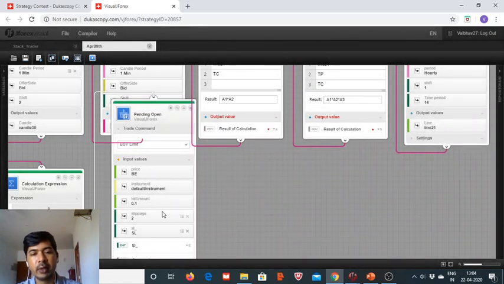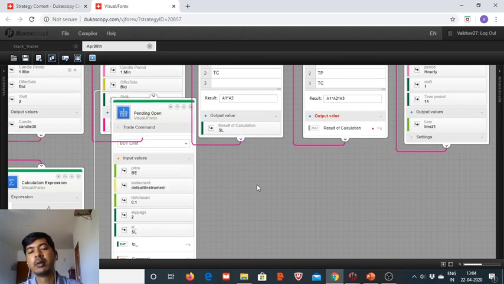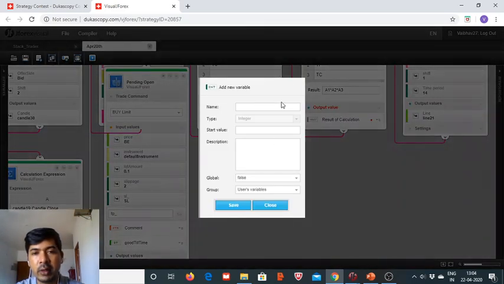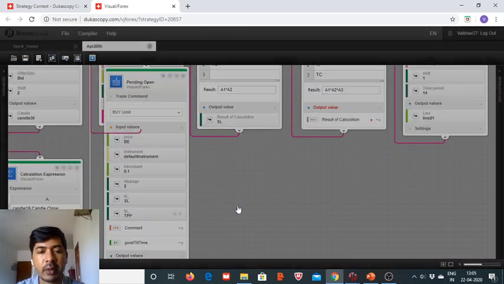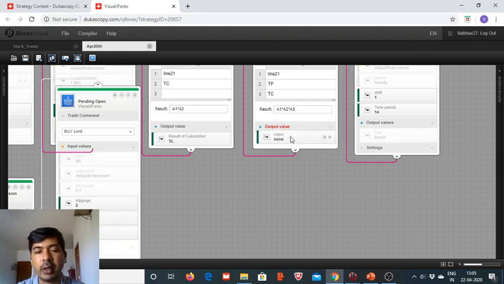We save it, we get it here, and we define the TP, target price. Oh, already exists, so we make it TPP, target price pips, and then we do the calculation and we get the value here.